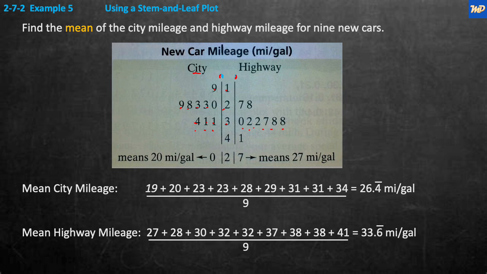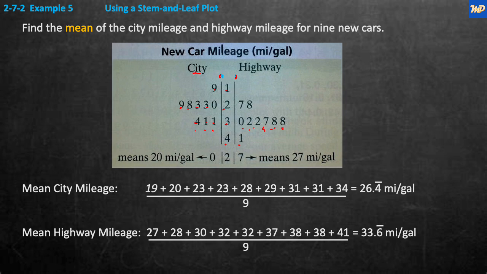For the highway, there was nothing in the teens. On the highway, you could see that they got better gas mileage. That was 27 miles per gallon and 28 miles per gallon. We had a 30 mile per gallon, a 32, a 32, a 37 right there, a 38, and a 38 miles per gallon car, and one 41 miles per gallon car.